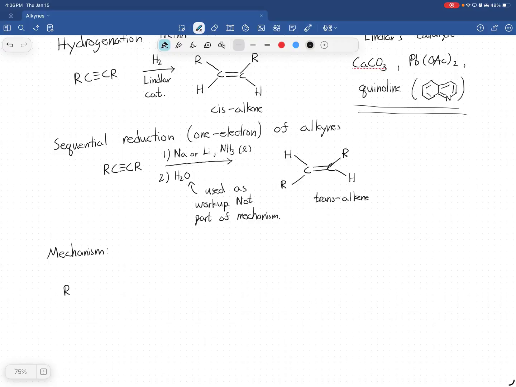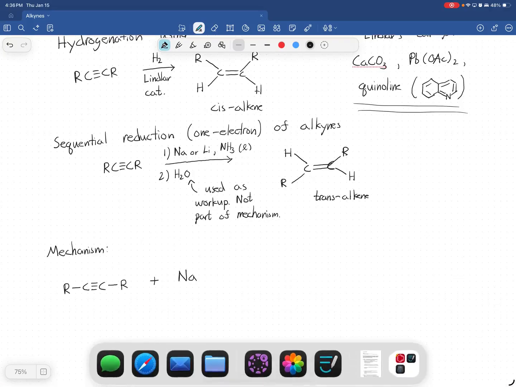So we're going to draw the alkyne, like so. Okay, so the first step, you have a sodium, just the regular sodium atom.